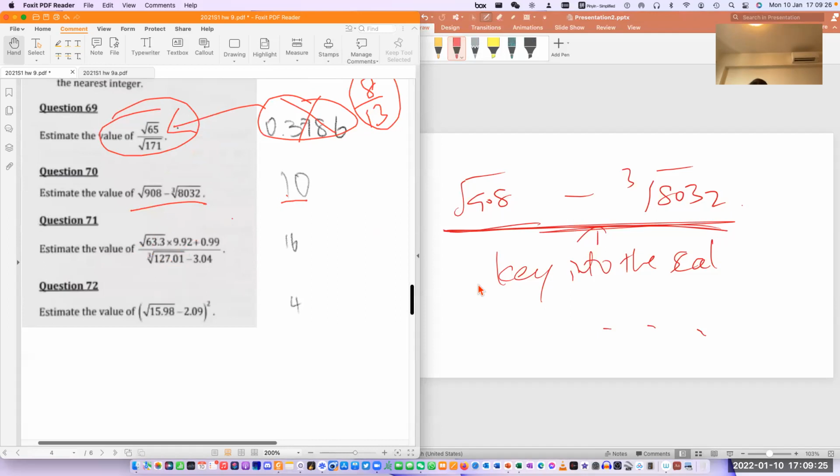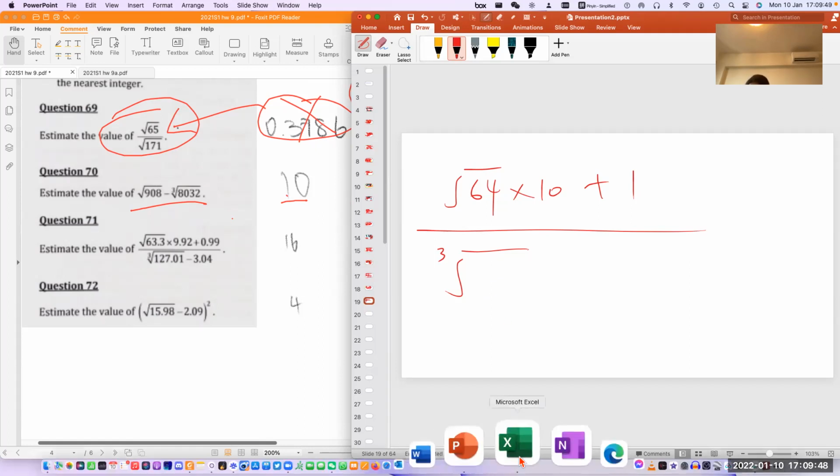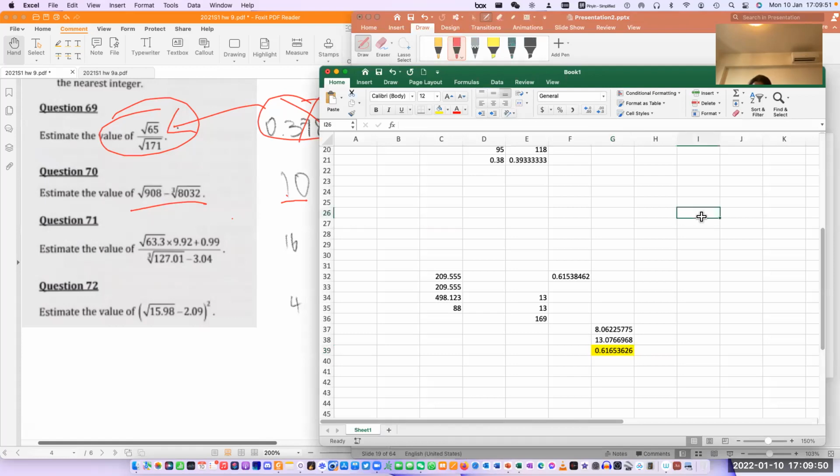Similarly, 71. You can actually square root 64 times the 10 plus the 1. And then over here is cube root. What's the number? You get 127. Let me test. Can you tell me what's the number? Is it 6?